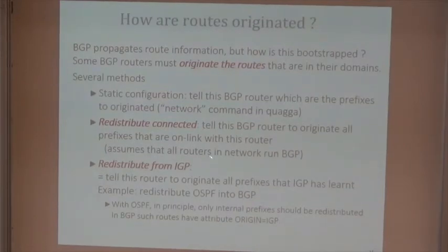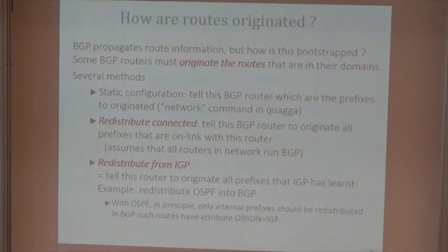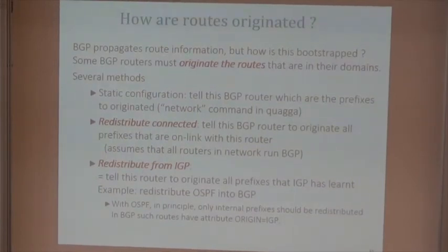For example, OSPF for us. All routers in a network that run OSPF will discover all the prefixes that exist in this network. So if you say redistribute from OSPF, that means all BGP routers will put into BGP all the routes that they have learned through OSPF. Right?